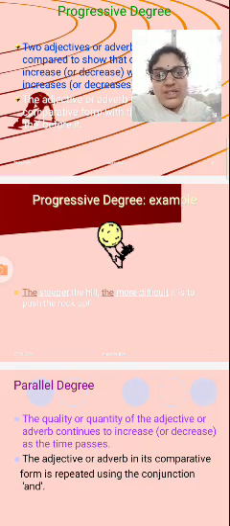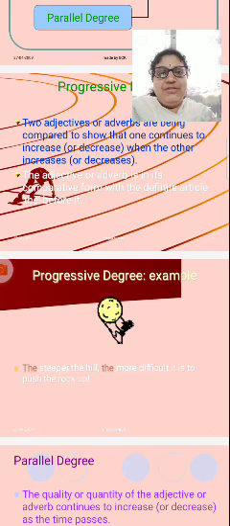So what is the progressive degree? The adjective or adverb is in its comparative form with the definite article the before it. The main important note is that the definite article the before it is compulsory.